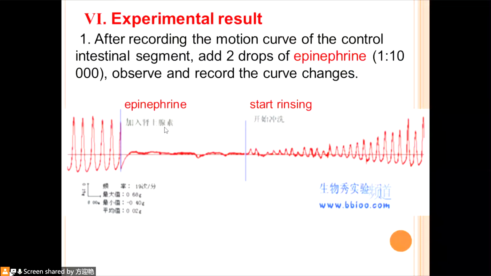Do you know why this phenomenon happened?